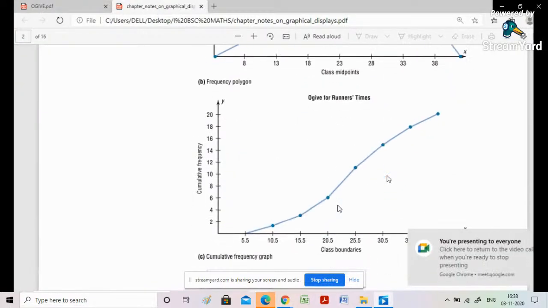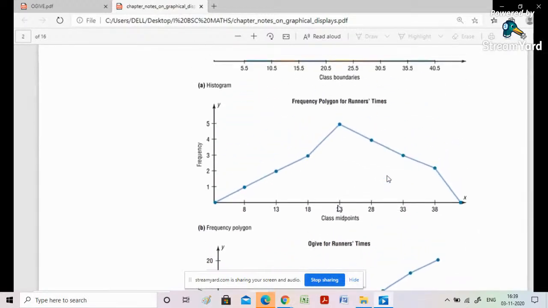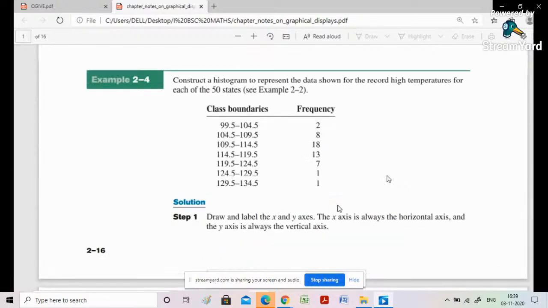So this is the Ogive curve, that is the less than cumulative frequency. We can add this frequency cumulatively. That means what will be the cumulative frequency? First cumulative frequency is 2, next is 10, next is 28, next is 41, next is 48, next is 49, and last is 50.